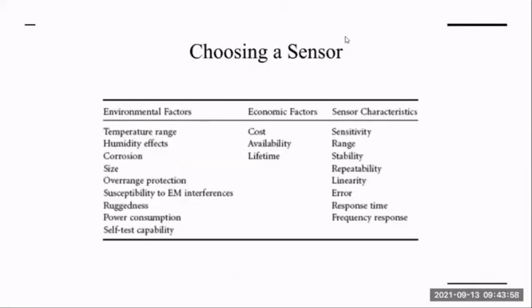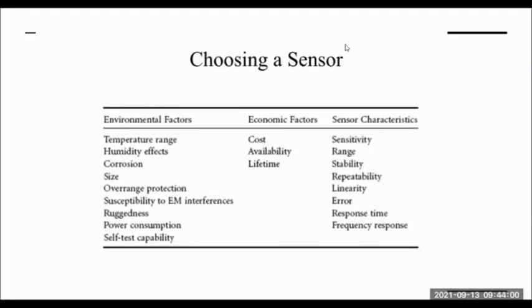Choosing a sensor. When choosing a sensor, we have so many factors to consider. We have environmental factors, economic factors, and sensor characteristics. Depending on the use, depending on where it will be used, depending on the longevity of the measurement needed, right? So a lot of factors come into choosing a sensor.